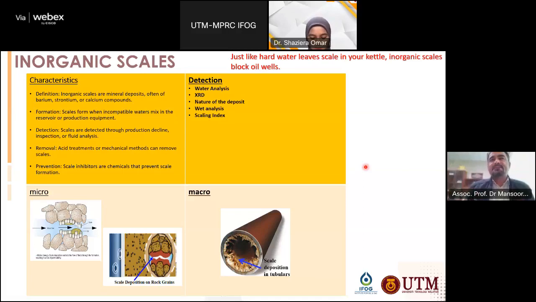But for barium sulfate, because barium sulfate is not dissolving in water, it's not important. So that analysis and the scaling index will also be used. Not to forget, simulation is also very important, using ScaleCam and other packages.